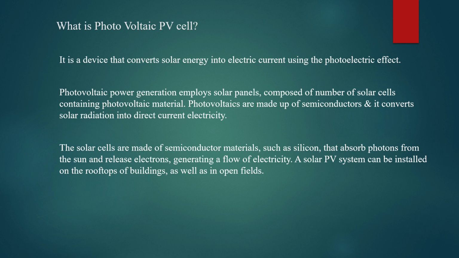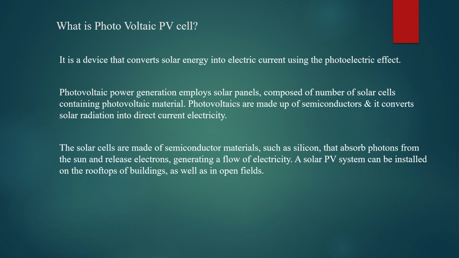Photovoltaics are made up of semiconductors and convert solar radiation into direct current electricity. The solar cells are made up of semiconductor materials such as silicon that absorb photons from the sun and release electrons, generating a flow of electricity.